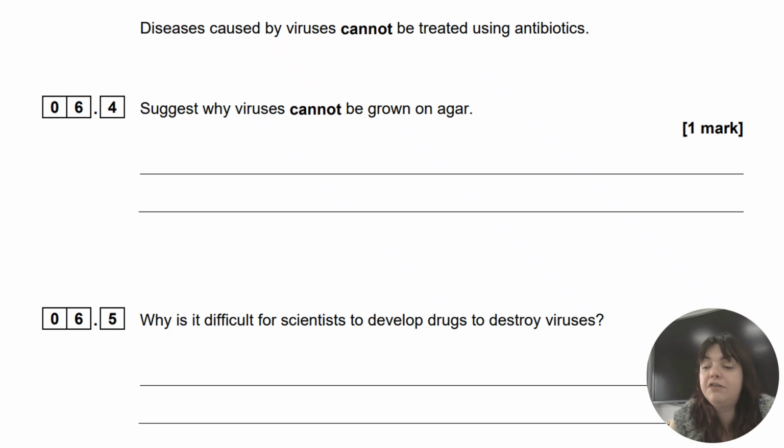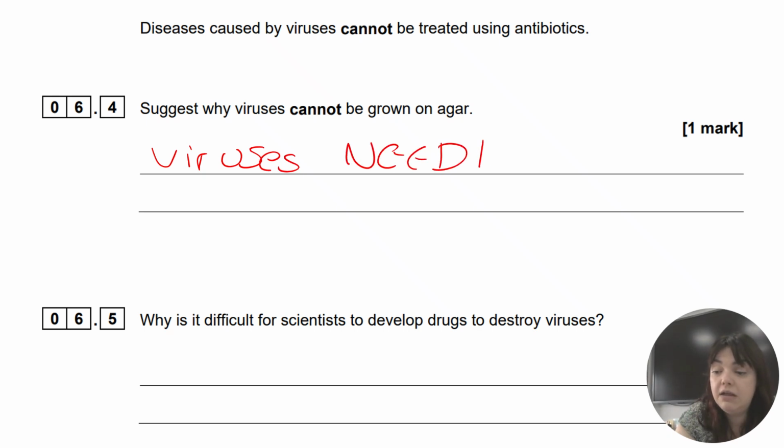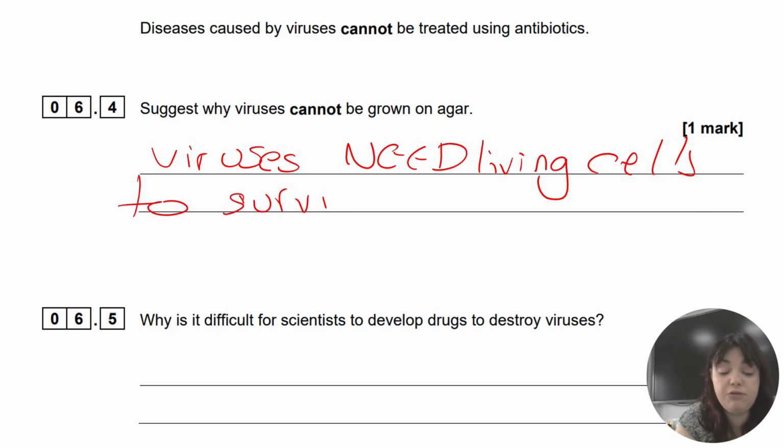Diseases caused by viruses cannot be treated using antibiotics. Suggest why viruses cannot be grown on agar. Now, this is one of those where if you don't say a certain word, you cannot get the mark. This is because viruses need living cells to survive or reproduce or exist.